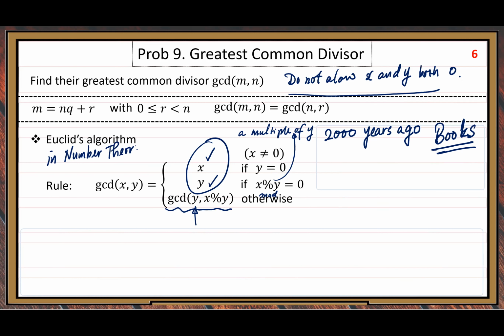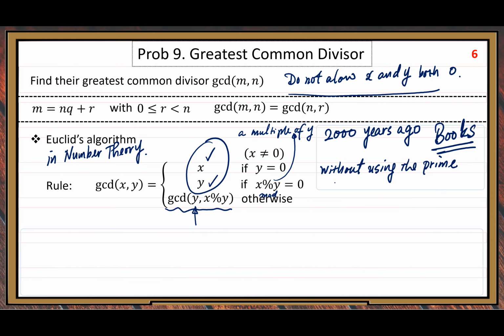For us, we use this algorithm to calculate GCD without using prime factorization.